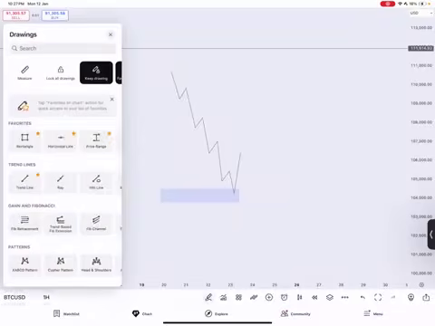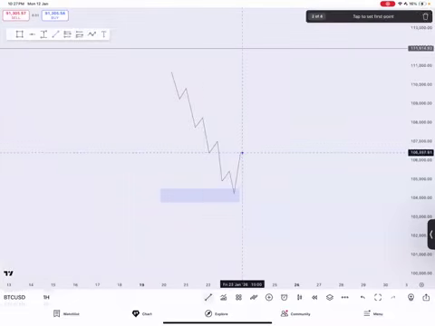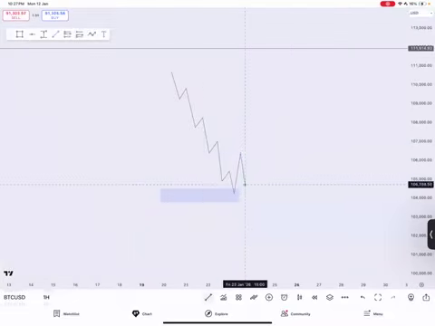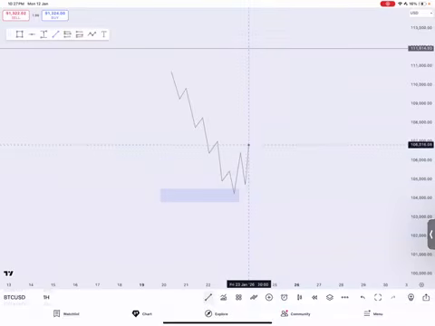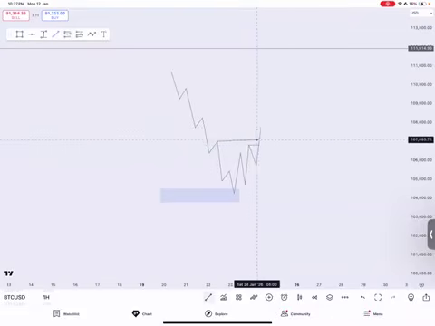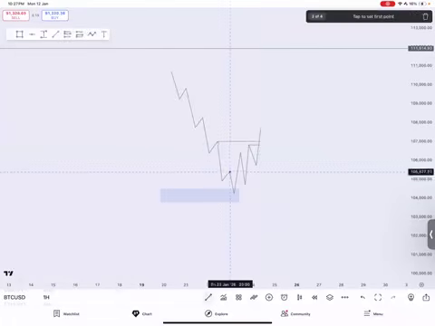Now, let's go again. Let's say it completes and then starts buying. So this happens, then this happens, this high and this high getting broken. This is what we call an MSS.